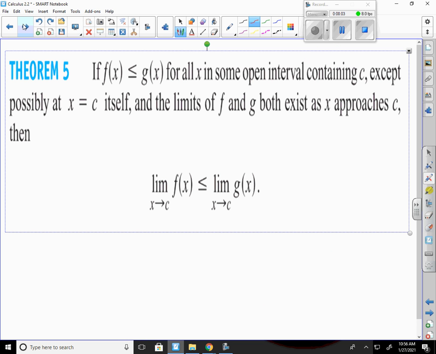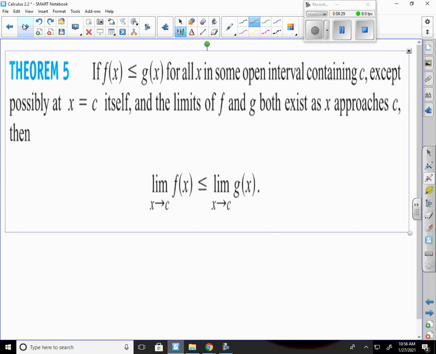Oh well. Theorem 5. If f of x is less than or equal to g of x for all x in some open interval containing c, except possibly at x equals c itself, and the limits of f and g both exist as x approaches c, then the limit as x approaches c of f of x is less than or equal to the limit as x approaches c of g of x.